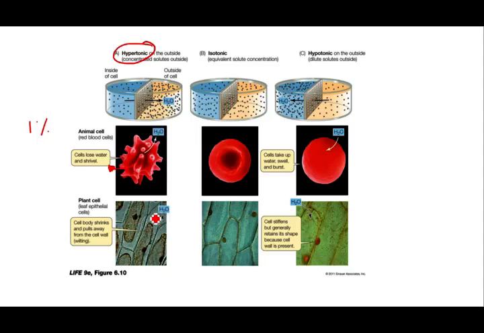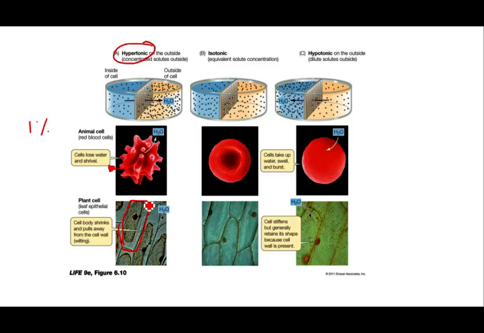It's also bad news for plant cells to be in a hypertonic solution. Plant cells have the cell wall around them, and the cell wall is completely unaffected by the solute concentration. Water and solutes can go right across it. But remember, plant cells have that large central vacuole that's full of water, and their cytoplasm is full of water.